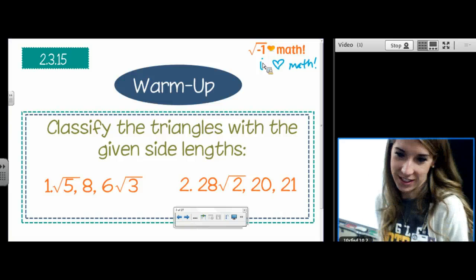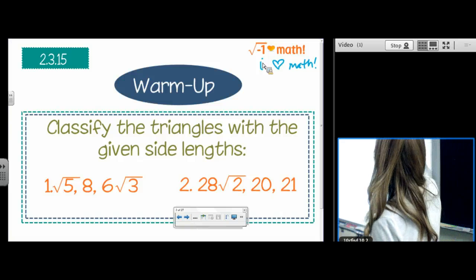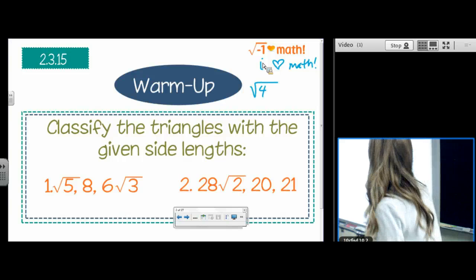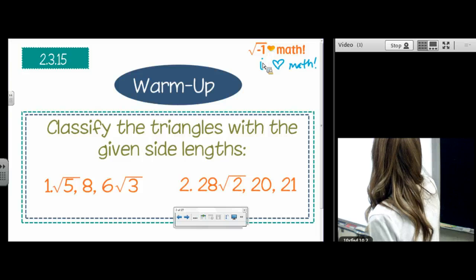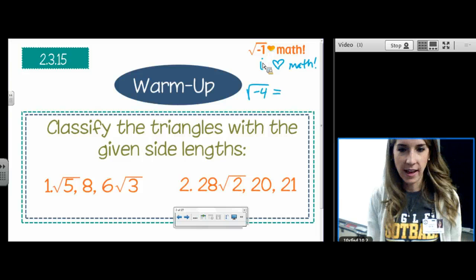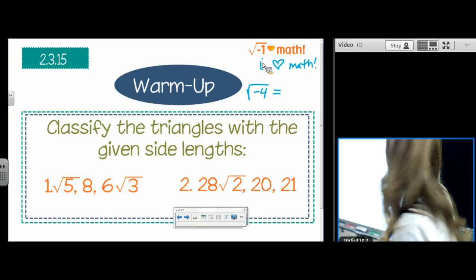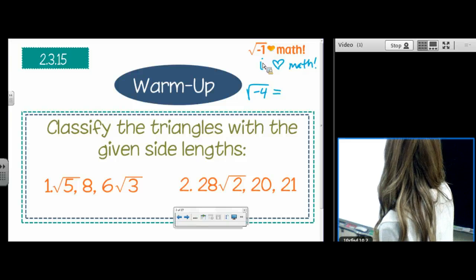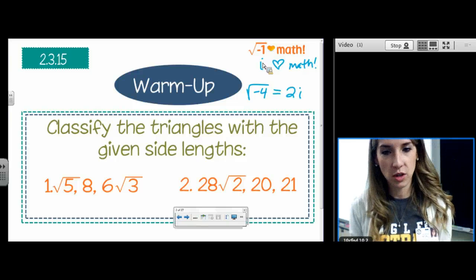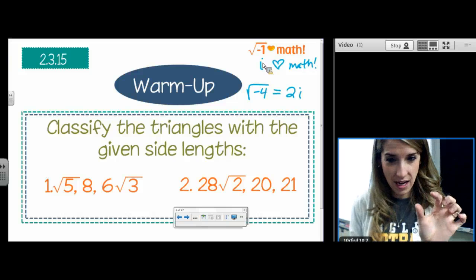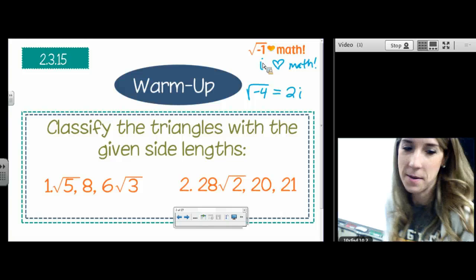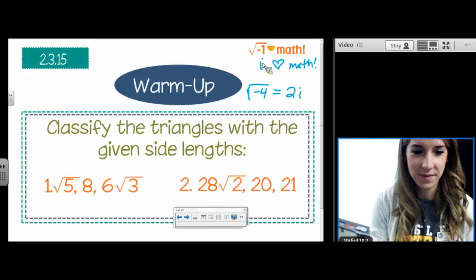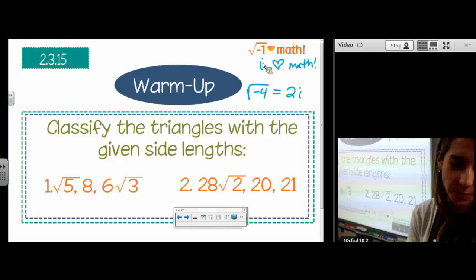Just to let you know, because y'all like to know extra stuff, if you want to take the square root of -4, you'll learn this in later maths. The square root of -4 is actually 2i, because the square root of 4 is 2, and the square root of that -1, that negative, is i. So it's 2 times i. Anyways, good information. Let me know when you're done with the warm-up.